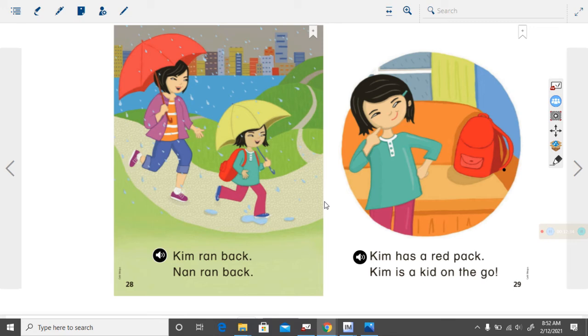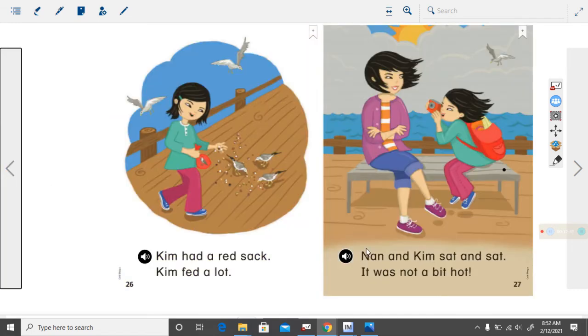So when we read books, we read with expression. That means that we change our voice depending on what we are reading. Look at this last page here. It's real windy and the hair is blowing.